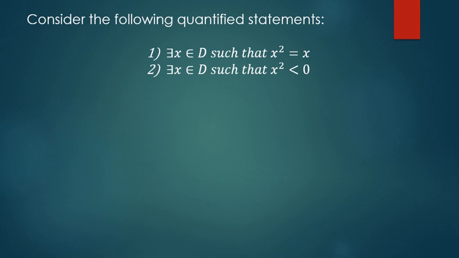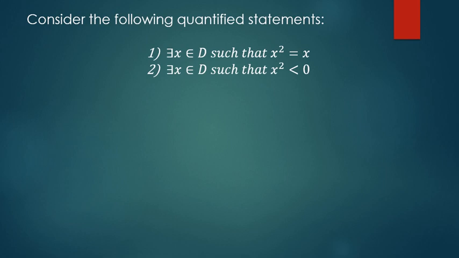In order to show that an existential statement is false, you'd have to show that every value in your domain makes the predicate false. So we're sticking with the same domain, -1, 0, 2, 3, 5, and 6.